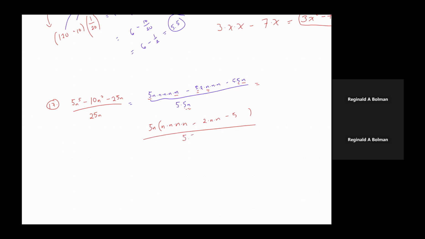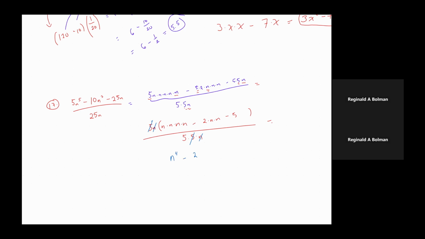times n on bottom. If we remember that we cannot divide out terms that are inside of our parentheses, and we only focus on terms that are outside of the parentheses, you can divide out a 5, you can divide out an n. So you've got in the inside of your parentheses an n to the fourth minus 2n squared minus 5.